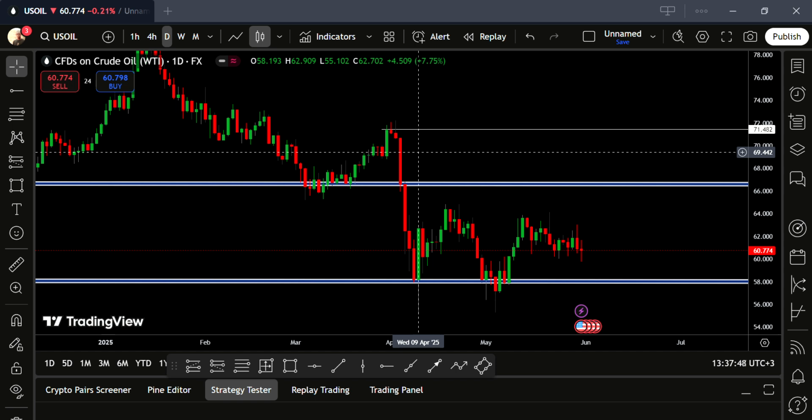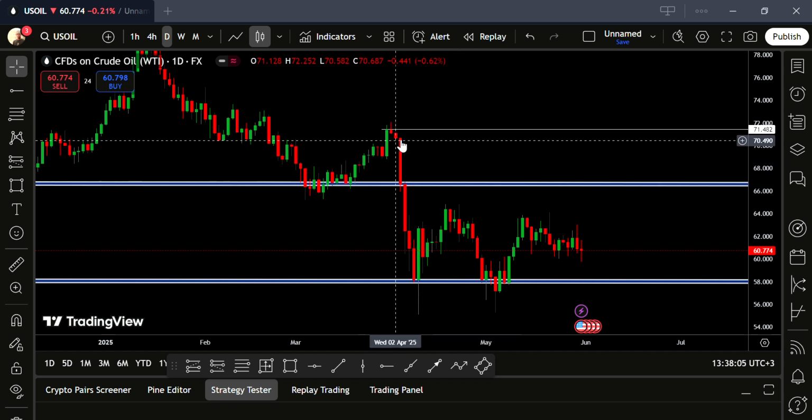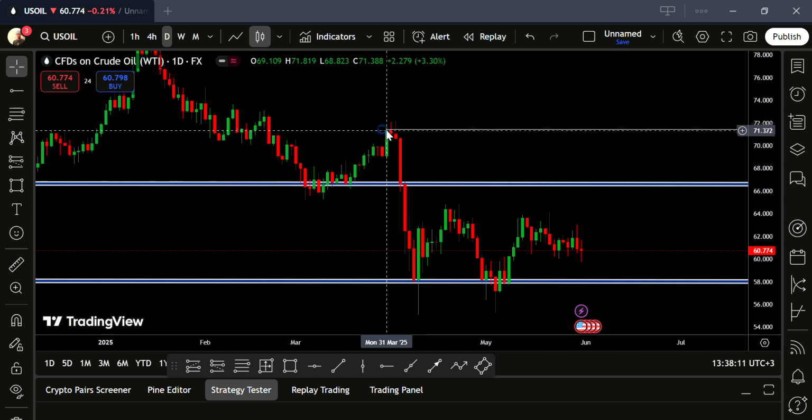If you get a rejection on the weekly, you get a storyline on the daily. If you get a rejection on the daily, you get a storyline on the 4 hour. Rejection on the 4 hour, get a storyline on the 1 hour. So now in this case it is the daily time frame US oil. So we get a rejection this weekday here, Wednesday 2nd April 2025, closes as a rejection on this weekly resistance.